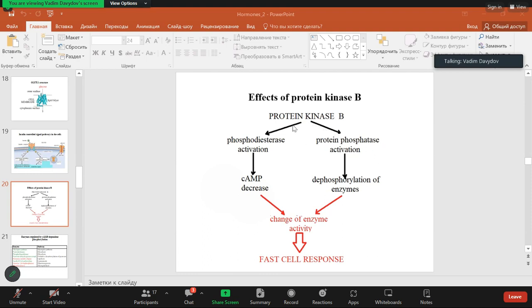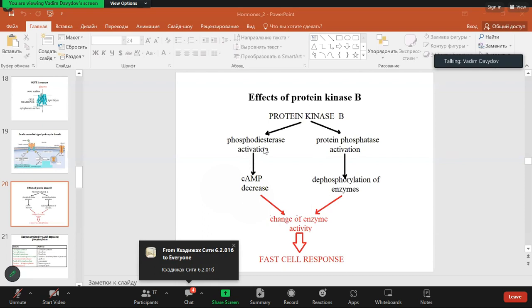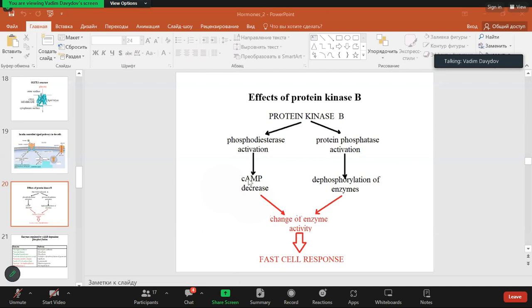Both of those enzymes undergo activation by protein kinase B phosphorylation. Activation of phosphodiesterase leads to an increased transformation of cyclic AMP into AMP, which is inactive.